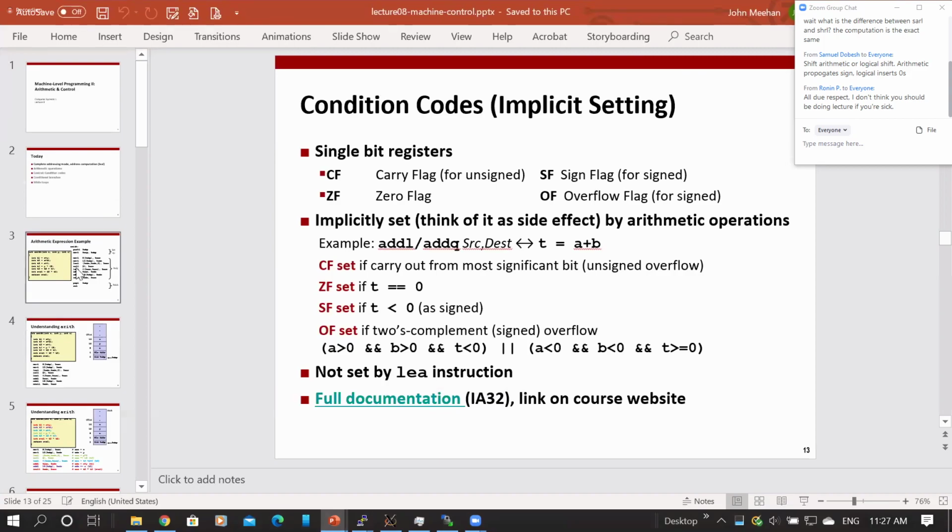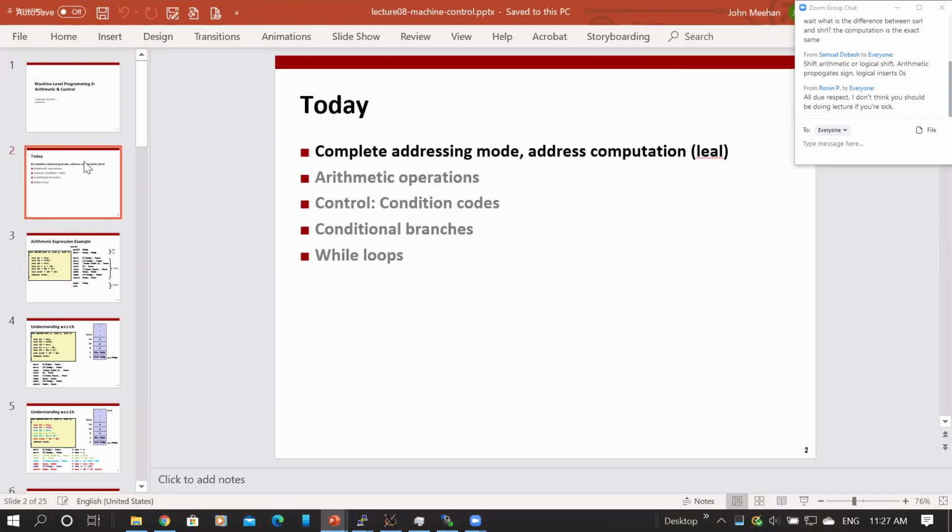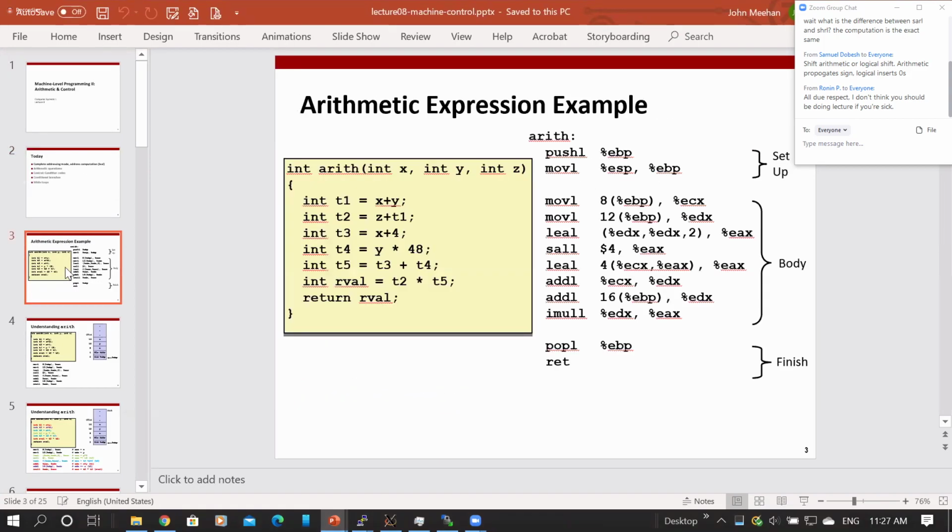And what we want to talk about here is the fact that when you write down your C code and you give it to the compiler, a lot of times when you look at what comes out of the compiler, it isn't doing the things in the exact order that you listed them in your C code.